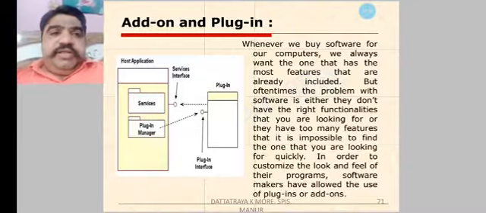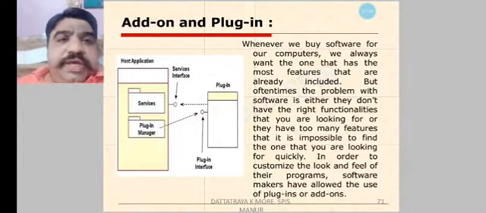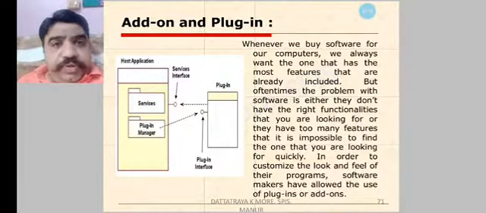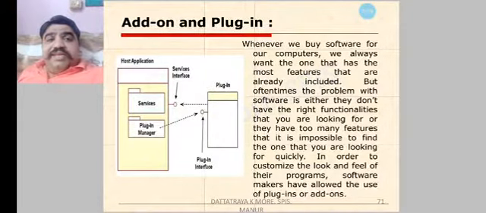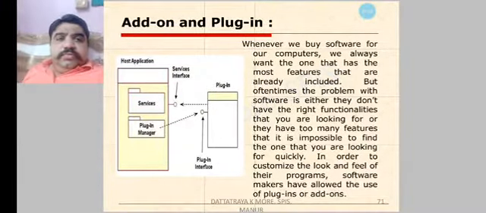Now the last point is add-on and plugin. So what is this add-on and plugin? Whenever we buy any software for our computers, we always want the one that has the most features already included. So many features should be included, we feel that.